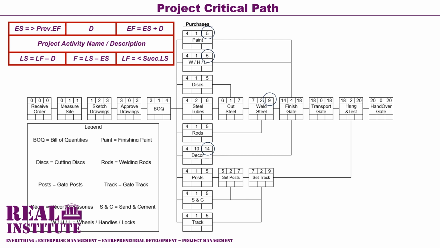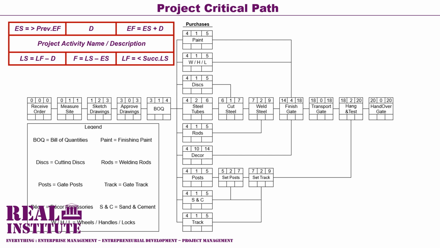And that value is 14 because the order or purchase deco accessories activity has an early finish value of 14, which is the largest among the 4 predecessors. Activity 21, the finish gate activity, already has a duration value of 4, and therefore its early finish, calculated from adding its early start and its duration, is 18, because 14 plus 4 equals 18.